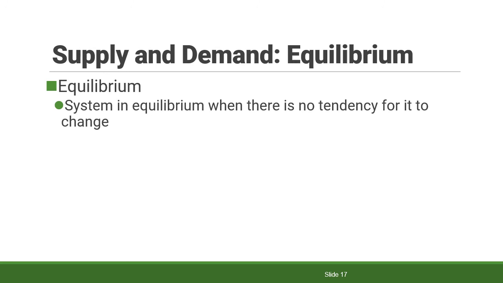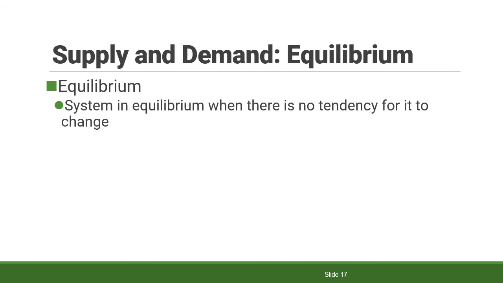Now, at the root of both demand and supply, we have to also talk about the notion of equilibrium. And equilibrium refers to when there is no tendency for it to change. Right?